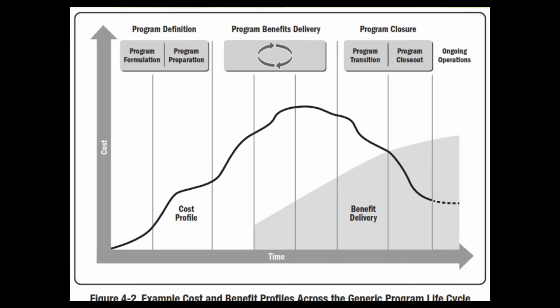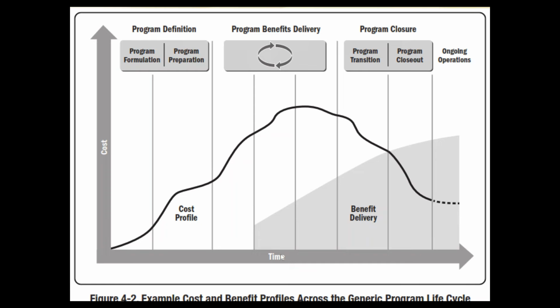In the beginning we are spending less, but we suddenly start spending more by the end of program formulation, and then the program is being prepared, that needs additional funding. When the program starts delivering the benefit, it again reaches its peak, and many programs do that. Ultimately, the program reaches its peak, and then as soon as the benefits start getting transitioned and sustained, our line keeps coming down.